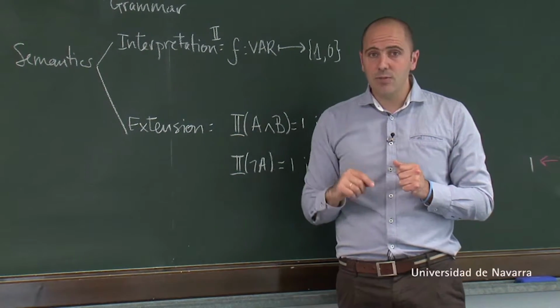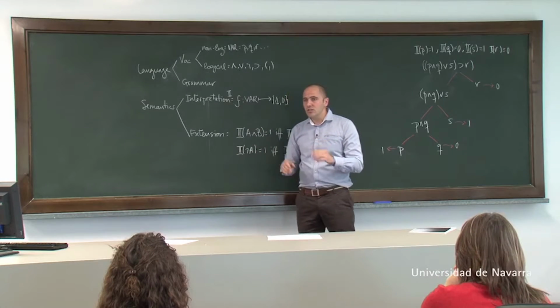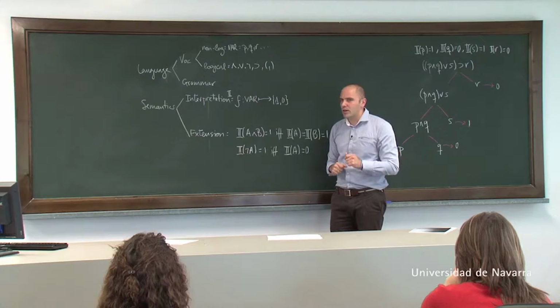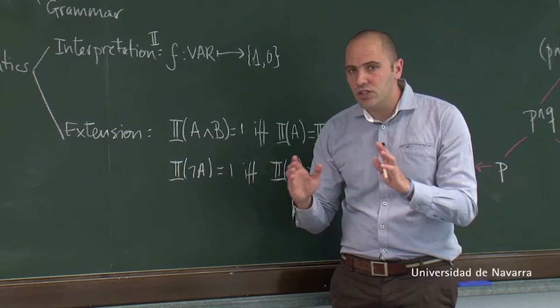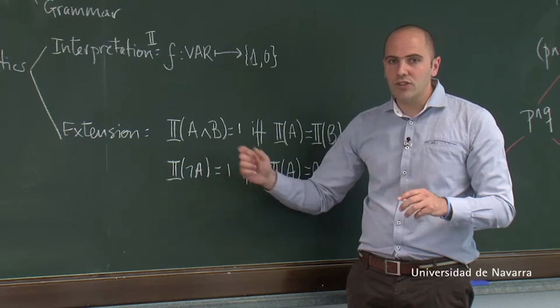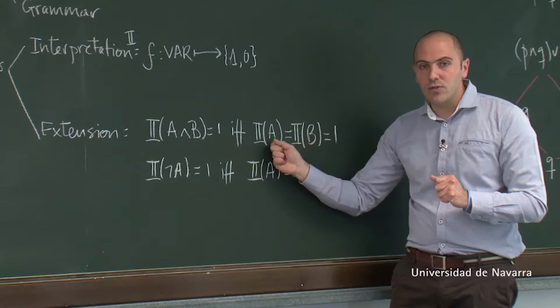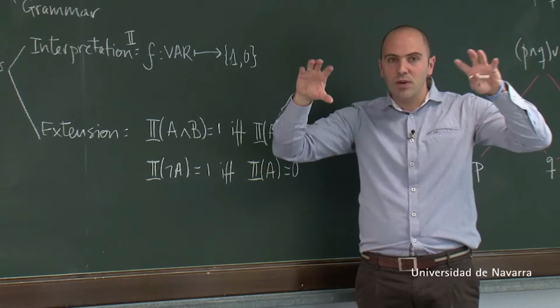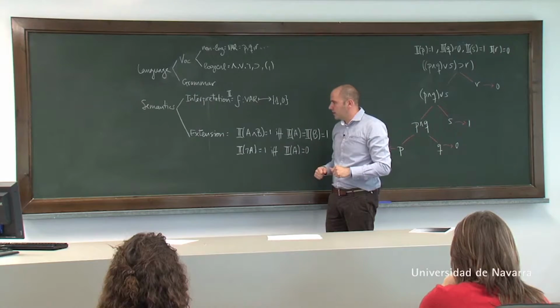And this can be easily done by some clauses. This is called a recursive definition. We won't focus too much on what a recursive definition is, but intuitively speaking, we set the conditions under which a complex formula is true in terms of its components, so that you start to analyze a complex formula and you can go down to the propositional variables.